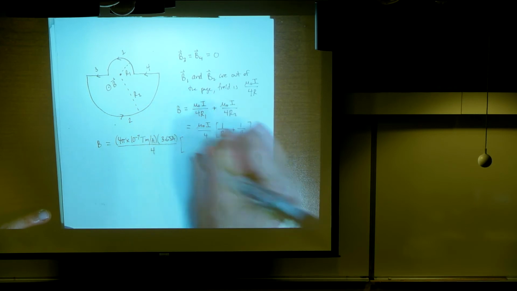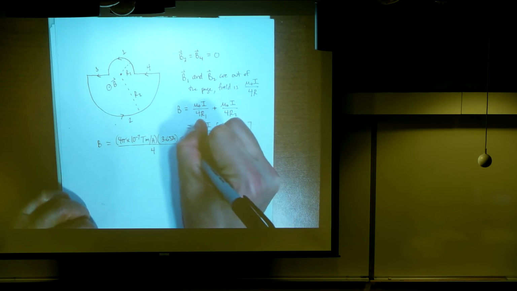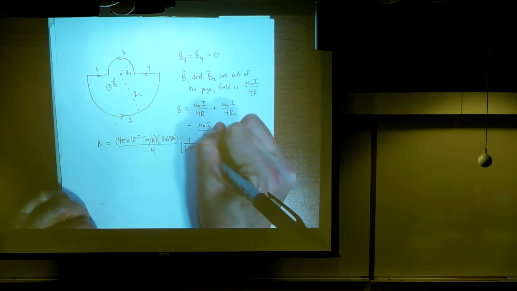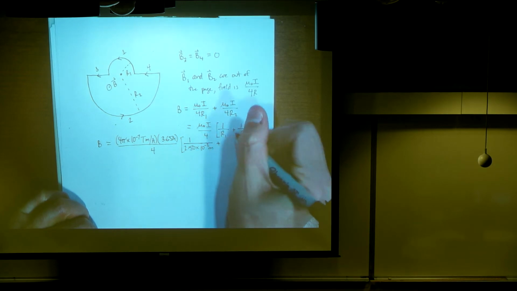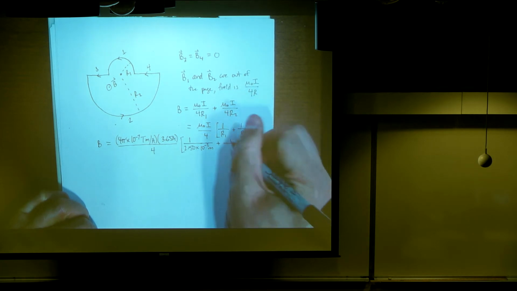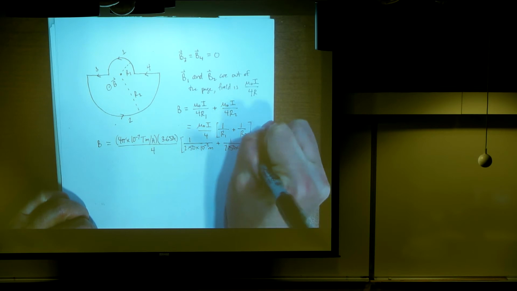And then we take in the brackets 1 over R1, which is 2.5 centimeters, or 2.5 times 10 to the minus 2 meters. And then we have 1 over R2, which is 7.5 centimeters, or 7.5 times 10 to the minus 2 meters.